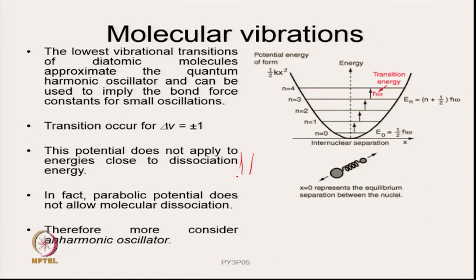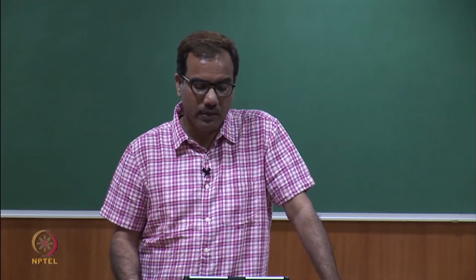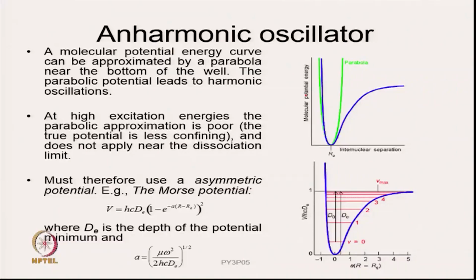For molecular dissociation, you do not have a parabolic potential, and what we have is what is known as the anharmonic oscillator. You see the molecular potential energy versus internuclear separation. This parabola is for the harmonic oscillator, but at higher R value the anharmonic oscillator potential is going to be different.